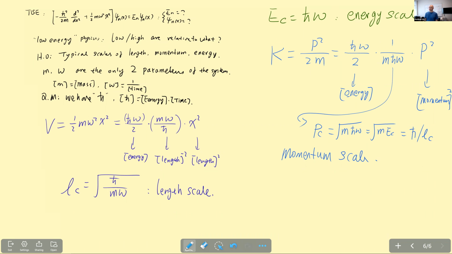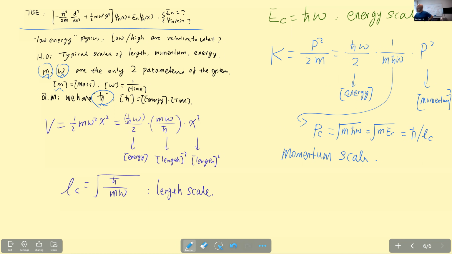So in this Schrodinger equation, we actually have two parameters, mass and frequency. But in quantum mechanics, we have one more: we have mass, we have omega, but we also have h bar. So with these three parameters, we can form typical energy scales, length scales, and momentum scales.